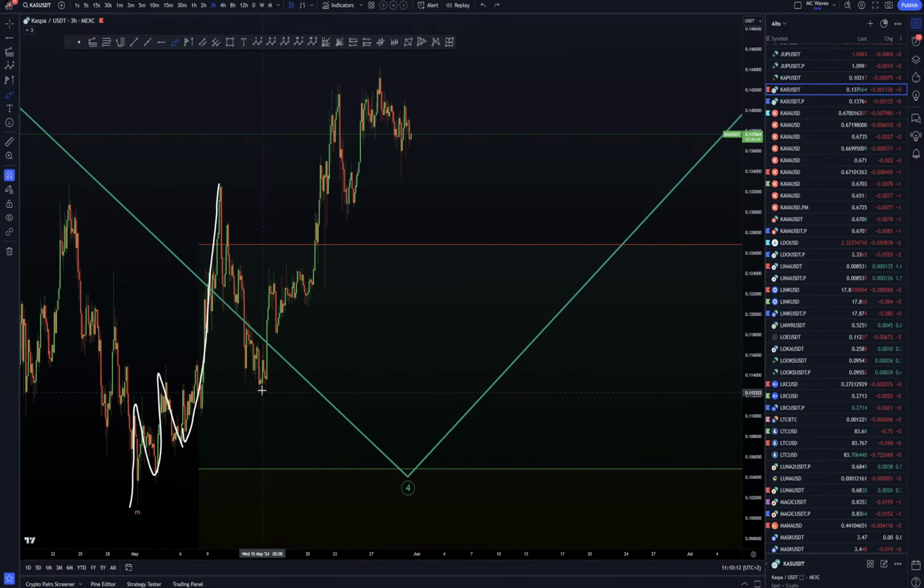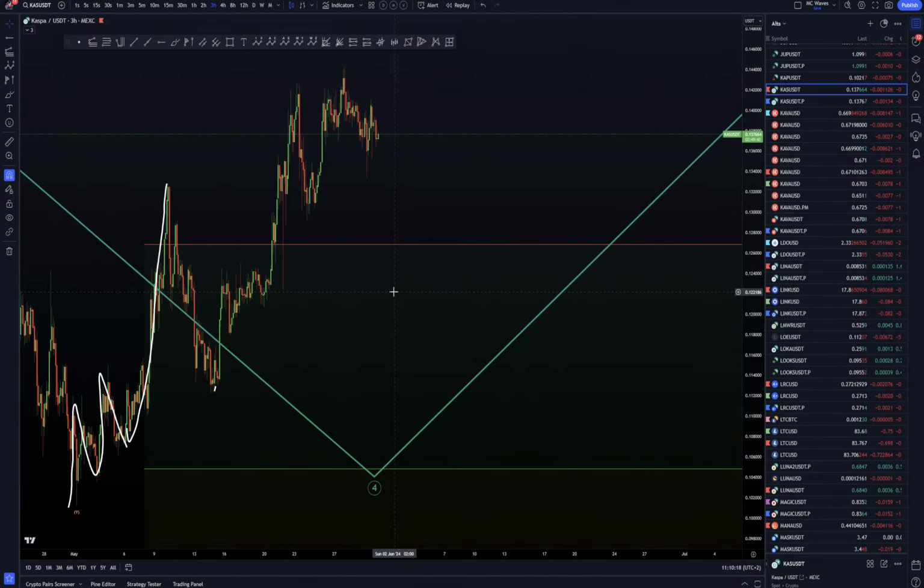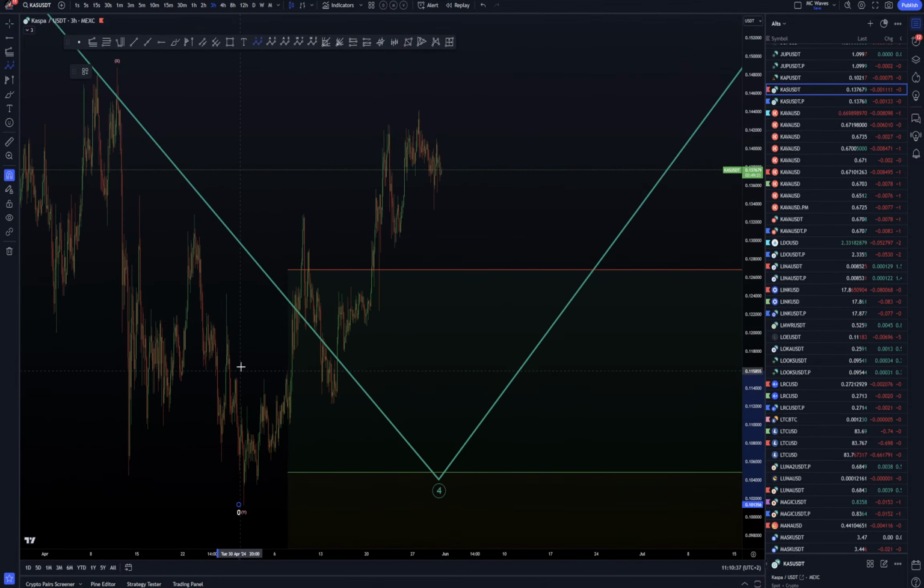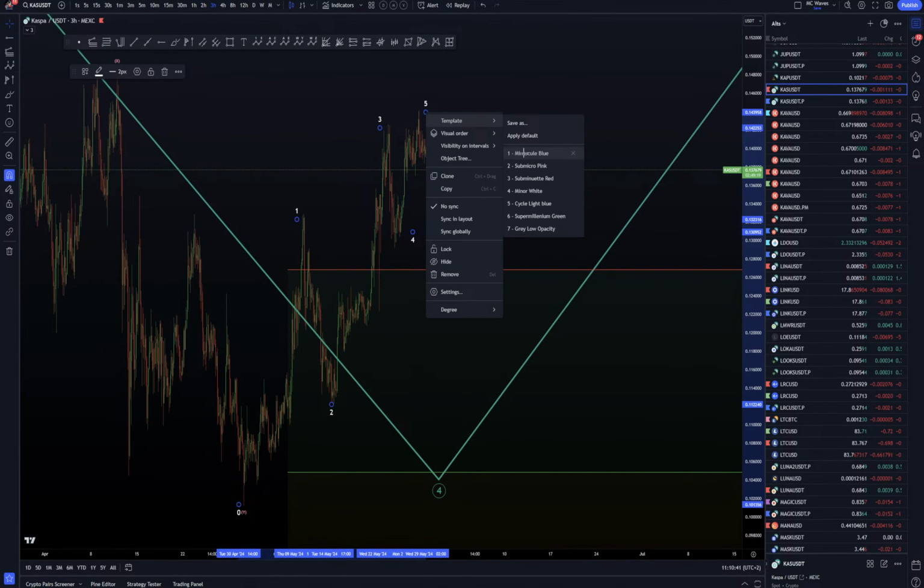Then it looks like we have something also crazy here. 1, 2, 3, 4 and a massive wave 5 again here. And for now we do have the 5 waves up here too. So yeah, that can be classed as a wave 1, 2, 3, 4, 5 leading.